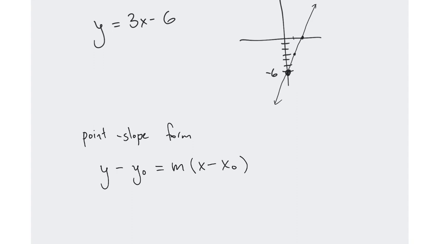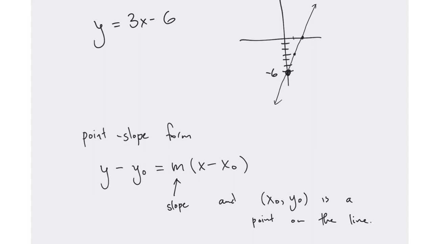This is used when you want to write the formula for a line, but you don't actually know what the intercept is. If instead you know what the slope is and you know one of the points that it goes through, then you can use this formula to write the line. So this m is, again, the slope. And those other things, x naught and y naught, is a point on the line.